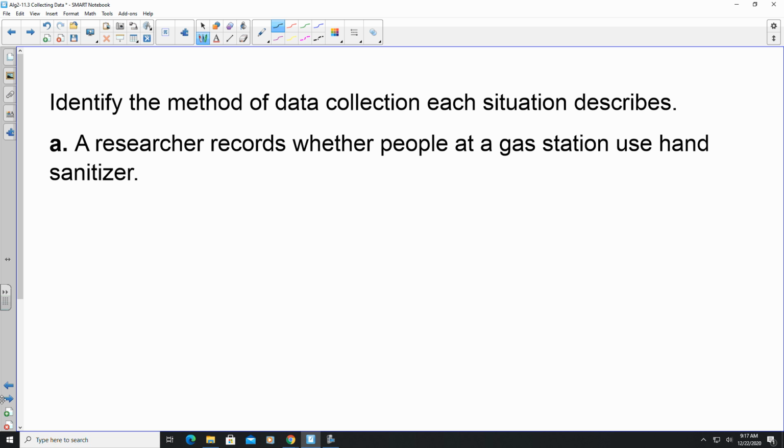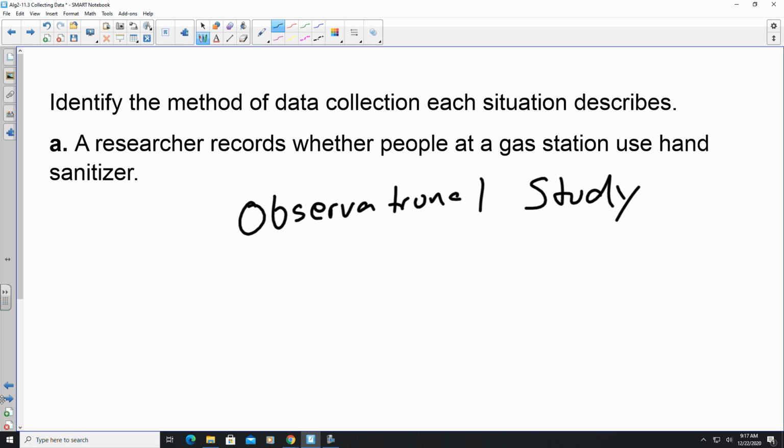So this is an example of an observational study, because when this researcher gathered the information, it was without controlling the individual or applying treatment.